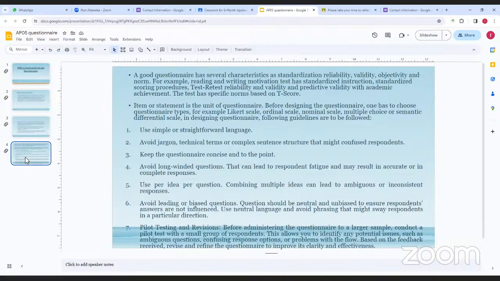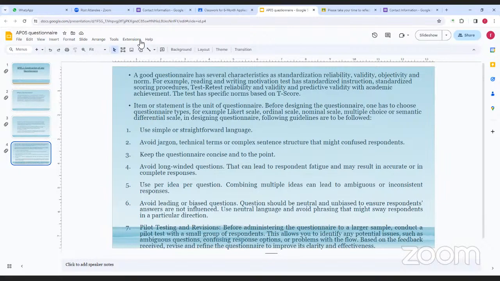Based on the feedback received, you can modify the questionnaire to improve its clarity and effectiveness. So this is the important part for the questionnaire construction.